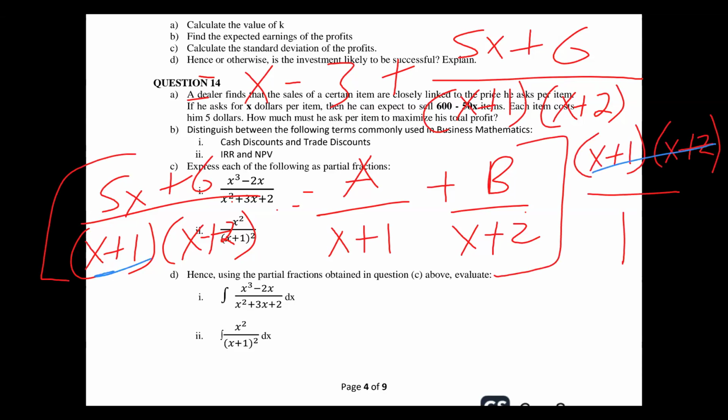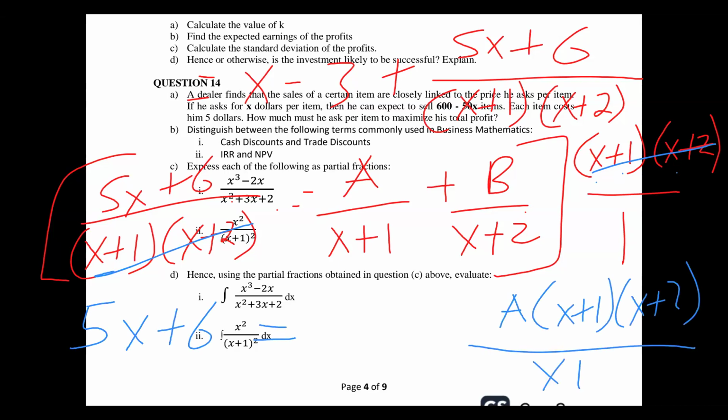So we remain with 5x plus 6 equal to, when we are on A, multiplying this whole denominator, x plus 1, x plus 2, times A, divided by x plus 1. Then x plus 1 and x plus 1 will cancel, so that you remain with A times x plus 2.